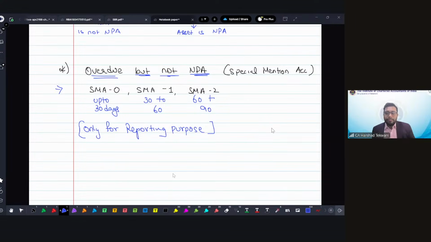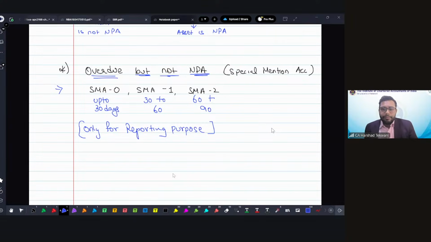Sir, then I need one clarity on this, SMA 0, SMA 1. Then it can be classified as standard as well? See, the thing is that a loan is taken. The EMI is due on the 30th, say for example this month, 30th November. From 1st November to 30th November 2025, in which category will you fit?